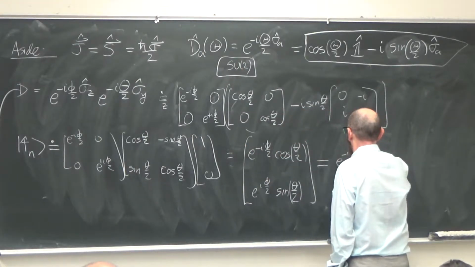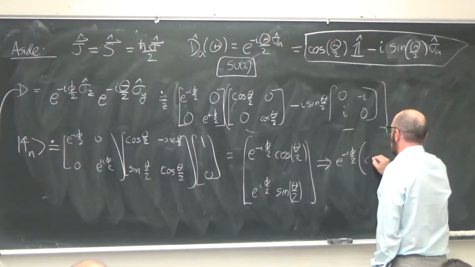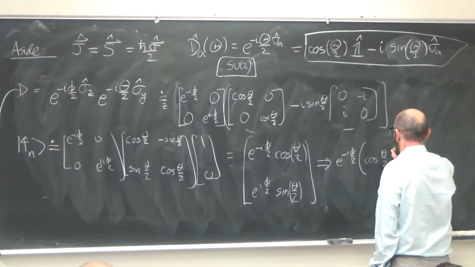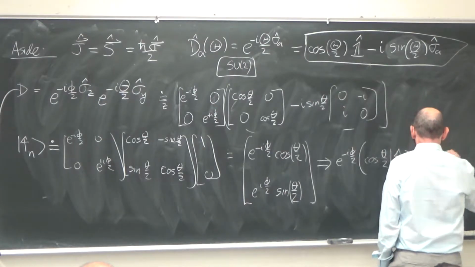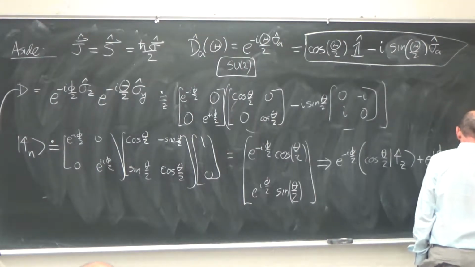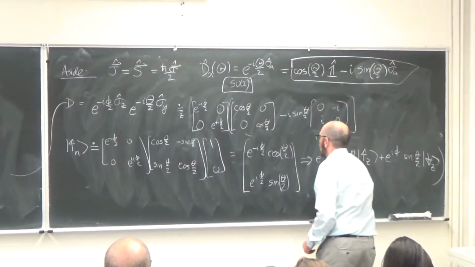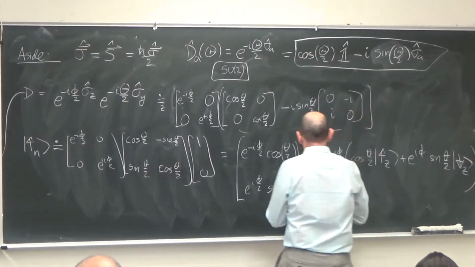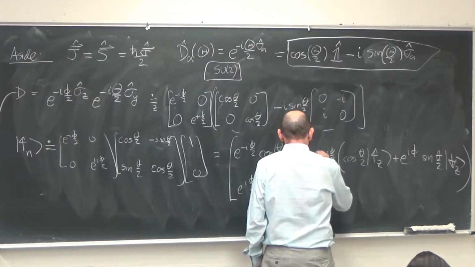I'm going to factor this out and write this a little more clearly. That means that up along n is equal to that.